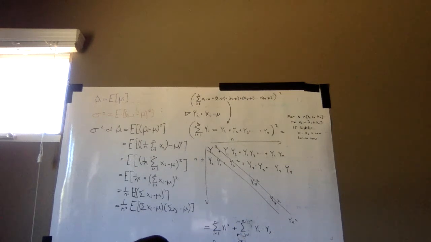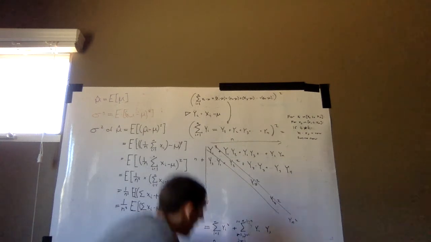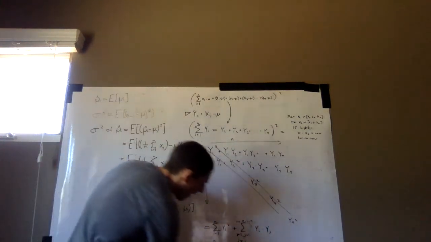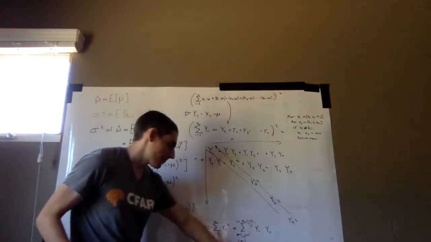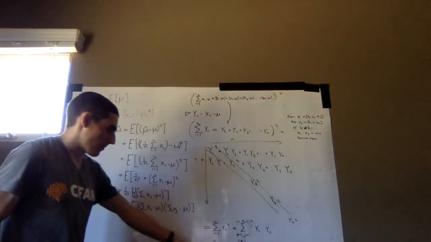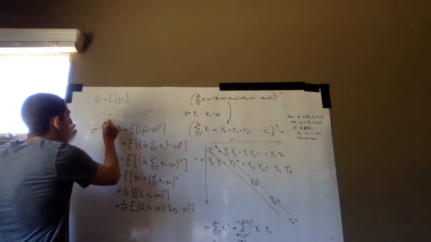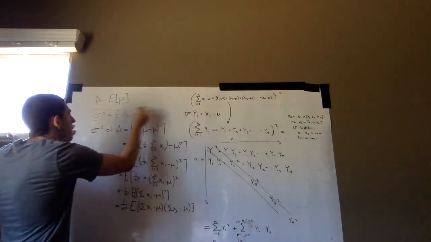the sum from i equals 1 to n is sigma squared plus this, right? We're just importing this formula.